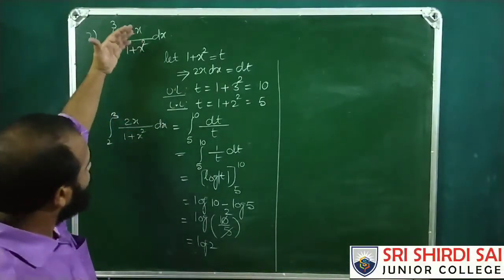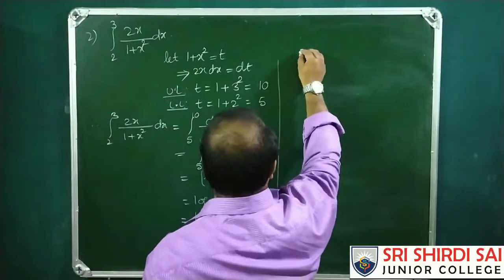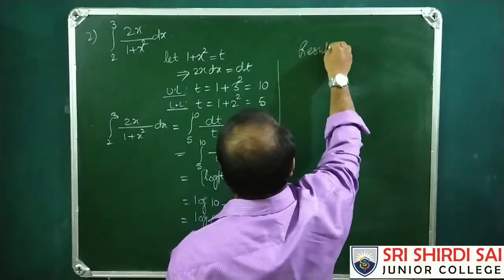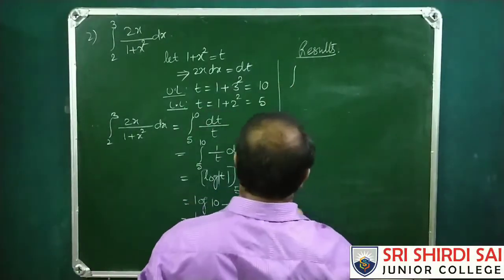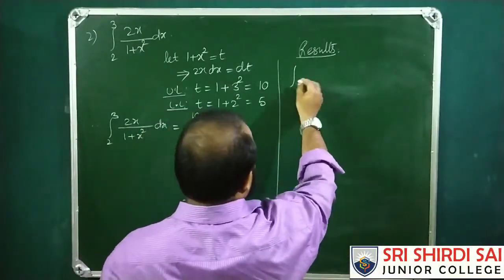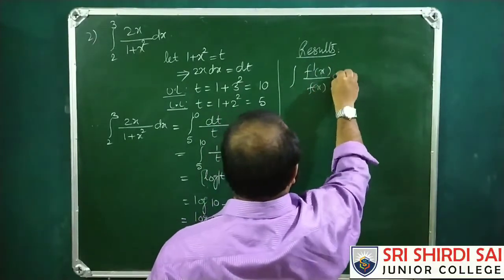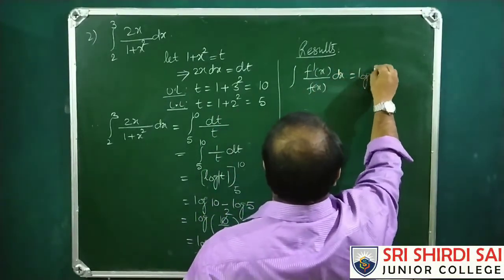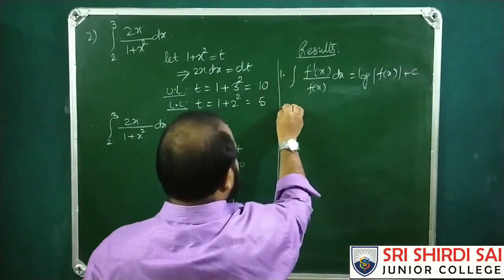Next, we need not do this many steps. We have the results. What are the results? Integral f dash x by f of x dx is log modulus of x plus constant of integration c.